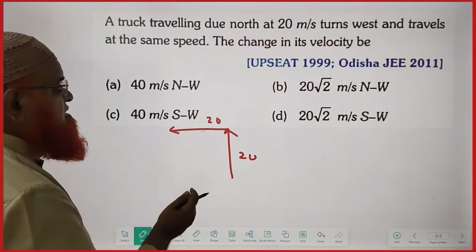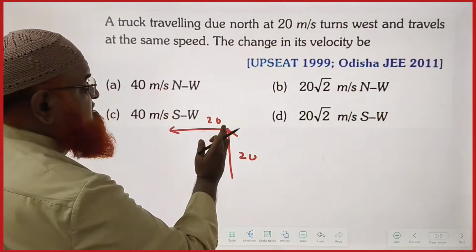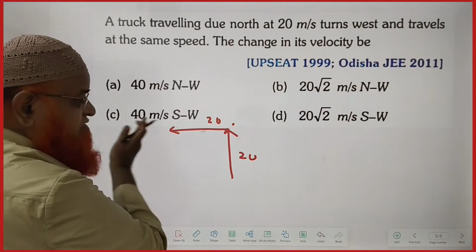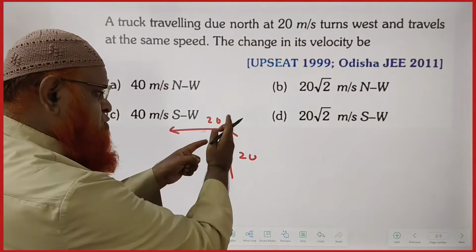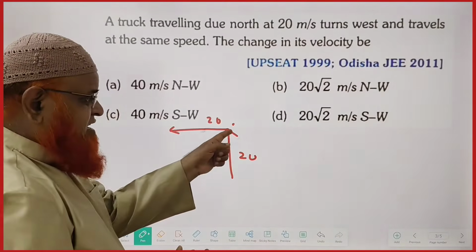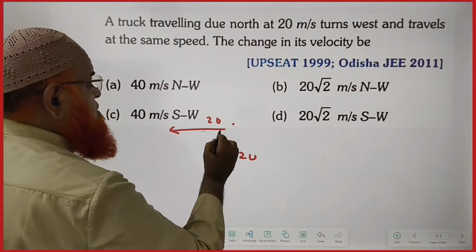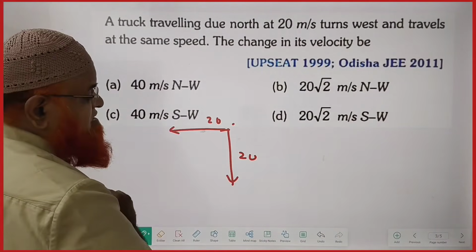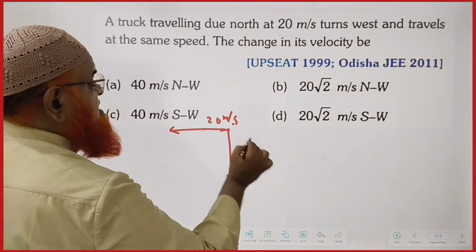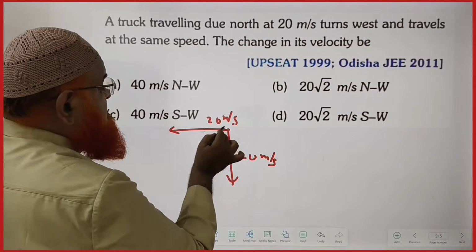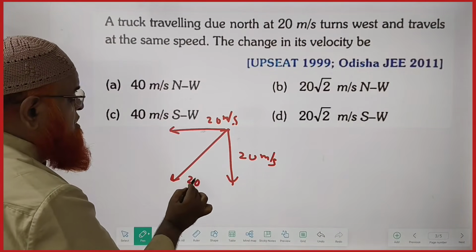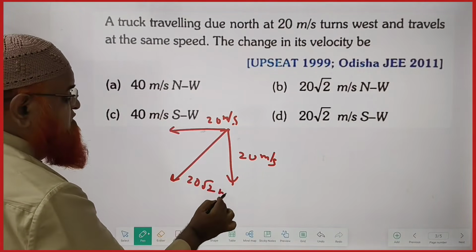It's very similar: this vector is towards this point and this is away from the point. So this is towards the vertex and this is away from the vertex. So this vector should be reversed here. So this is reversed like this. So this is 20 meters per second and this is 20 meters per second. The resultant of these two is going to be 20 root 2 meters per second.